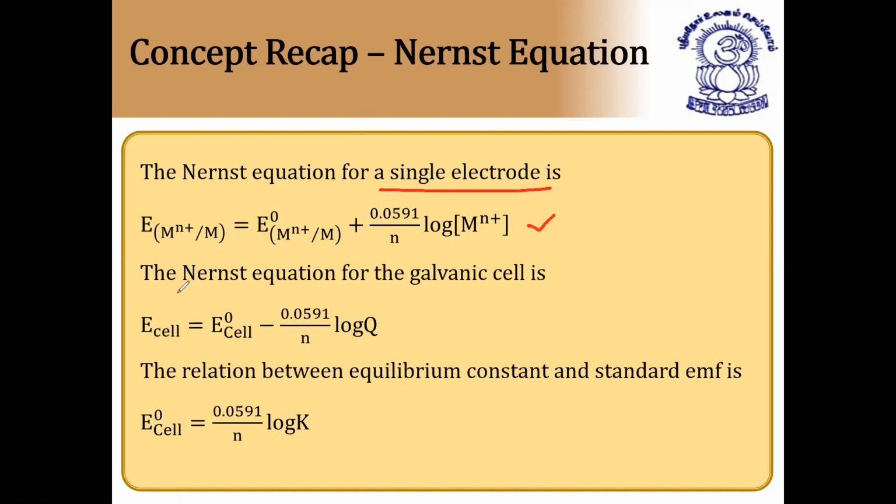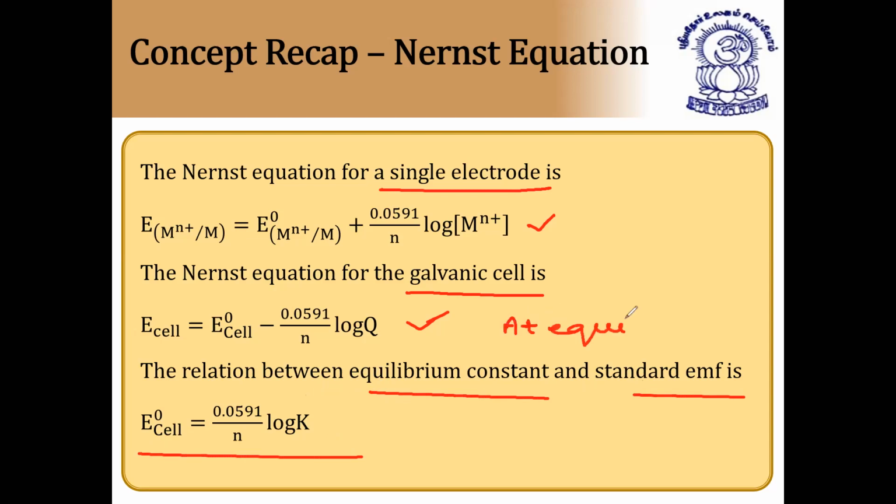You can see this is the Nernst equation for galvanic cells. We already know that the EMF of the cell is equal to E degree of cell minus 0.059 by n into log Q. And very, very important, the relation between the equilibrium constant and standard EMF. Just note it down: at equilibrium, E of cell becomes 0.